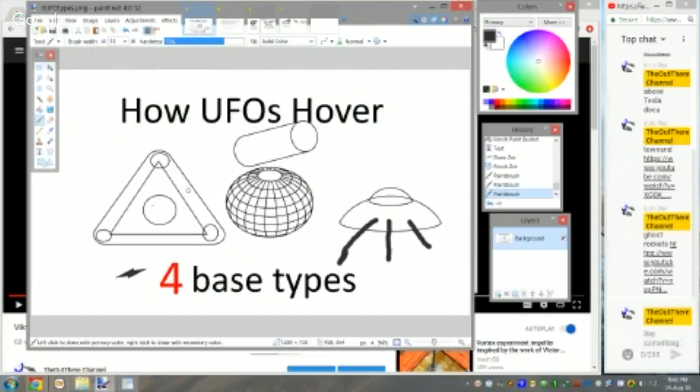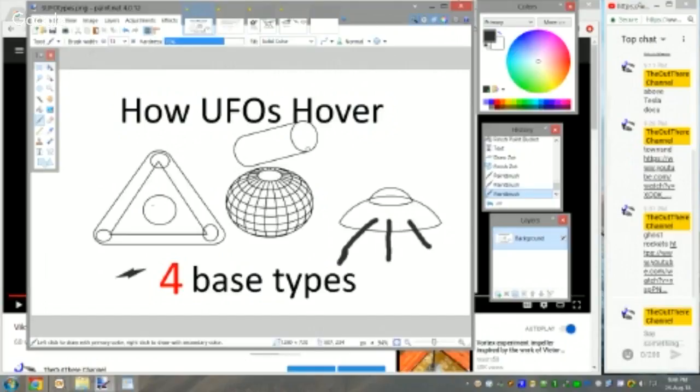Now, a sphere, as you know, if you put a ball in water, it's going to float. So you can imagine if you could modify the field underneath it, it's also going to float in the atmosphere. And it could be hundreds of tons in weight, and it wouldn't matter. A cylinder, again, is one of those shapes where it's circular, where the field can actually go around it.